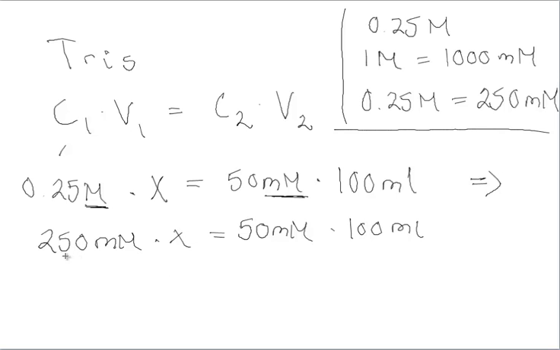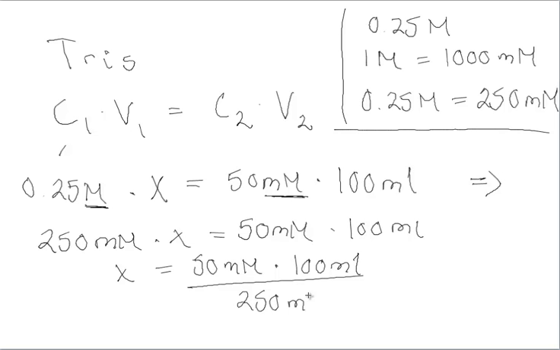Now you can see that the units are the same, so now this calculation will be correct. And then X will be 50 millimolar times 100 milliliter divided by 250 millimolar.